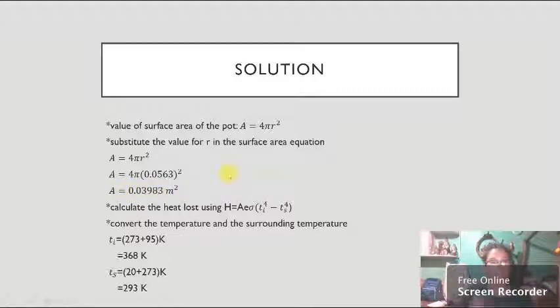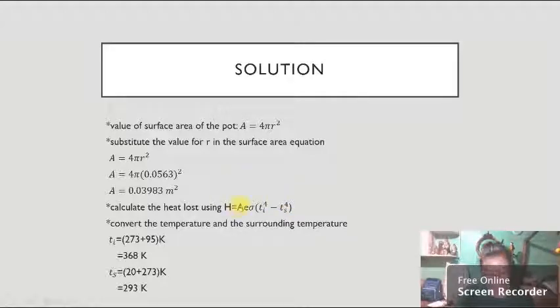So in calculating the heat loss, we need to use the Stefan-Boltzmann equation. So I'm going to use this one. H is equal to A times E times sigma times T initial raised to 4 minus T S raised to 4.